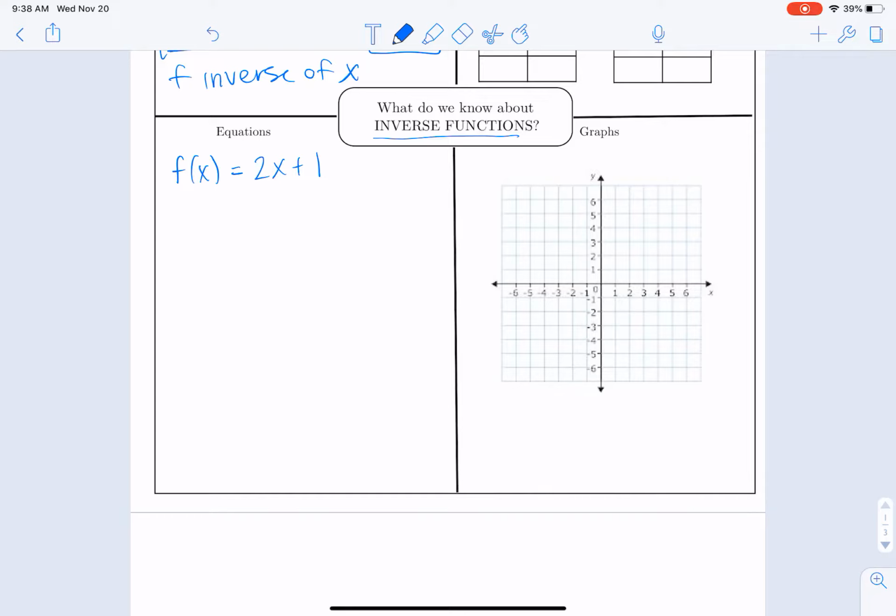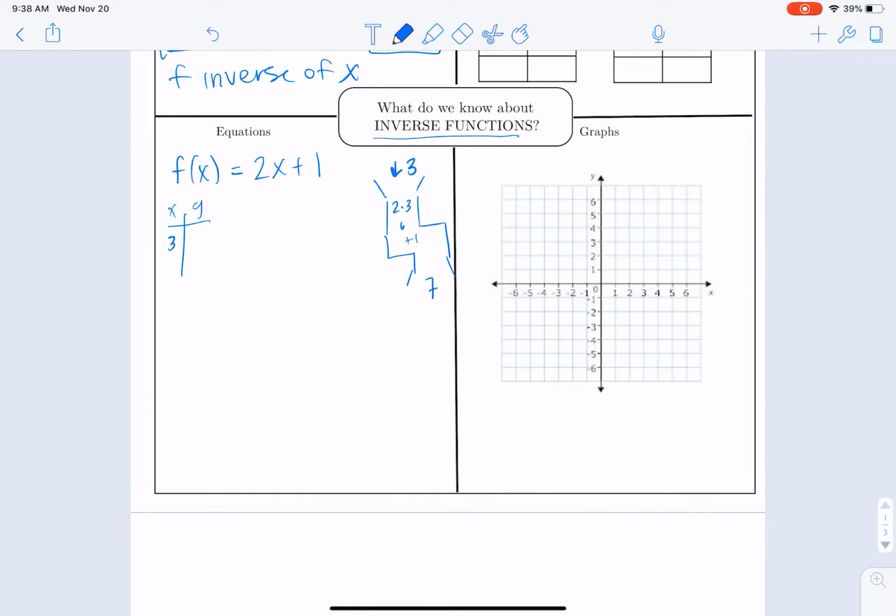So thinking about what would happen if I put this into a little function machine here, I could make myself a little xy table, and I could input a 3. So 2 times 3 is going to give me 6, and 6 plus 1 is going to give me 7.